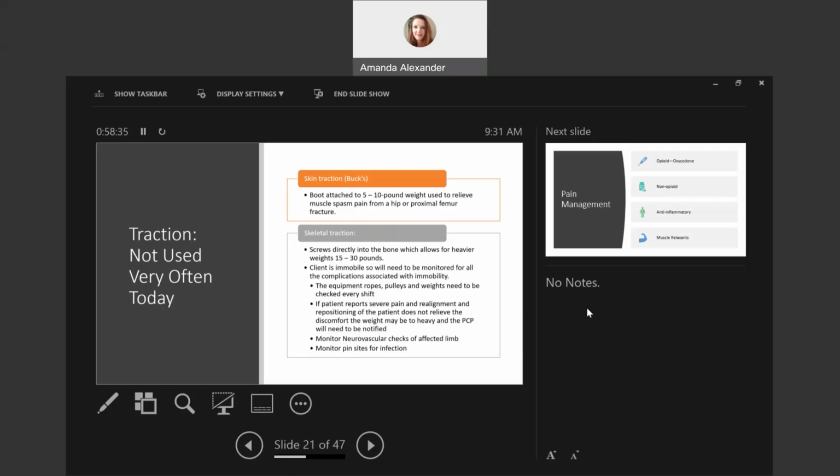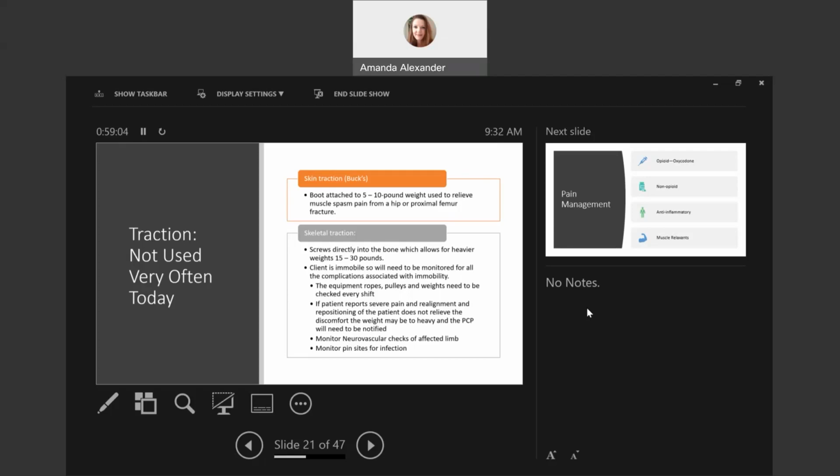And then we're going to monitor the pin sites for any infection. Now, understand that when we do pin site care, it's important that you do a couple of things. You're going to make sure that when you're caring for the pin site that you use sterile water and sterile gauze to clean around the site, and you're going to clean from the center of the site outward.